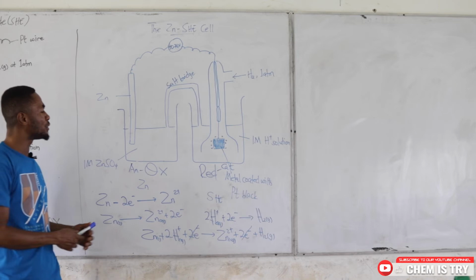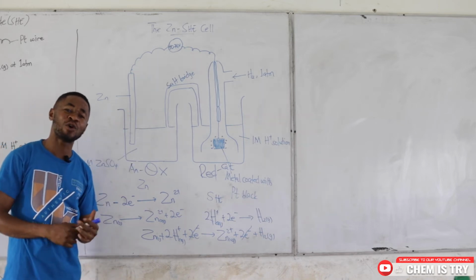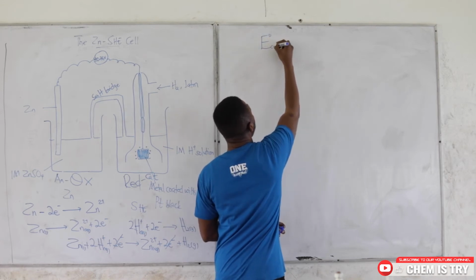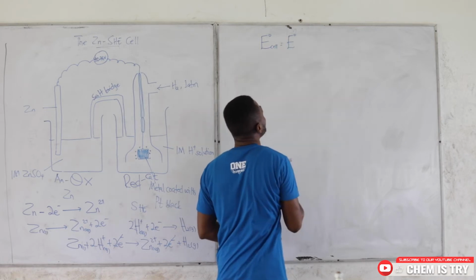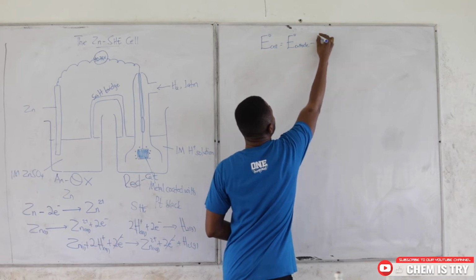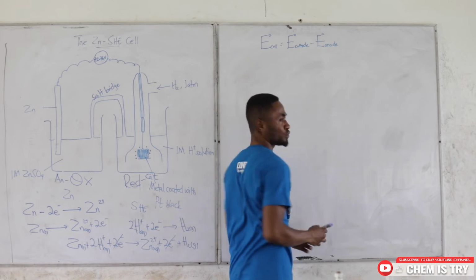But how are we going to use this to determine the electrode potential value of zinc? The EMF of the whole cell, we said, is given by the electrode potential at the cathode minus the electrode potential at the anode.